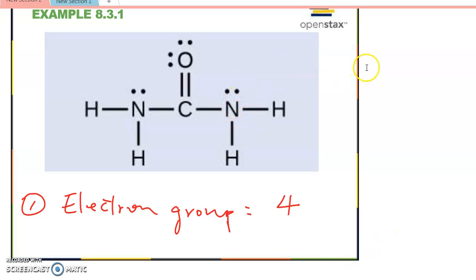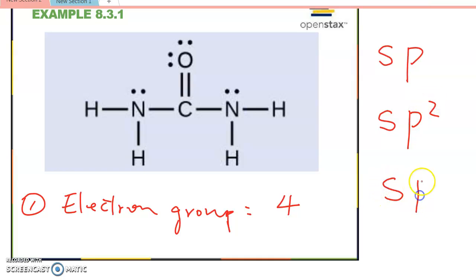So this is what I'm going to do. The possibility is that you can have one s orbital and one p orbital to hybridize, or one s orbital and 2 of the p orbitals, or sp3. Can I have sp4? No. Why? Because we only have 3 p orbitals.